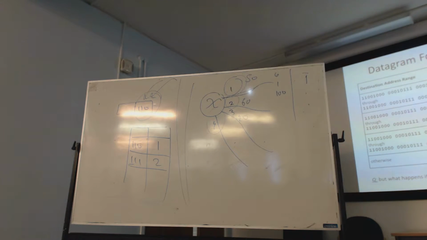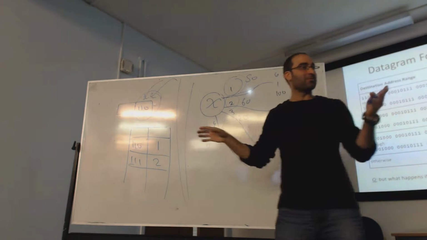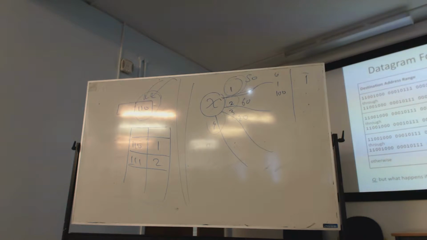Okay? The interfaces are the links to your actual router. You remember your PC has one interface because you have one connection to the internet service provider? Meanwhile, your router depends on the number of ports you have. A router with 8 ports has 8 interfaces.